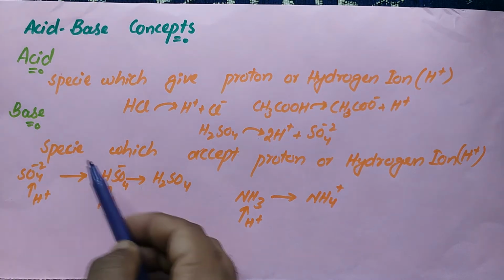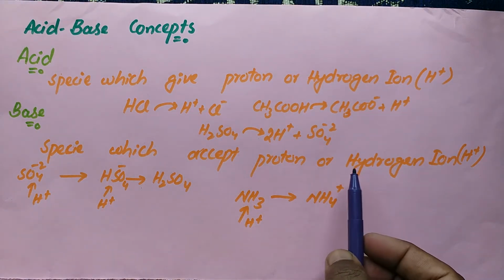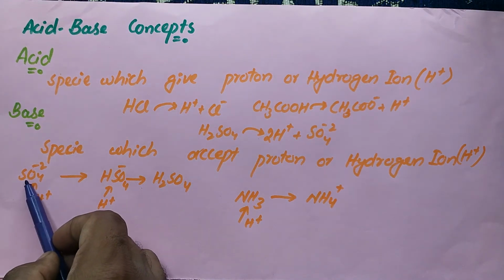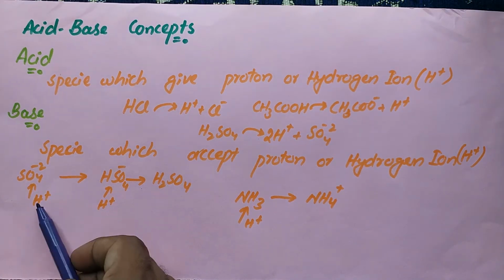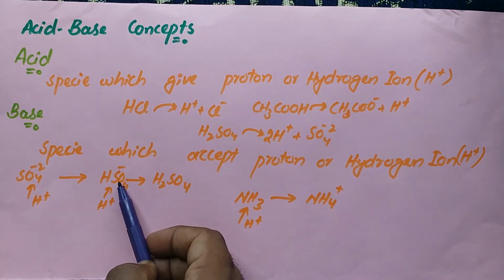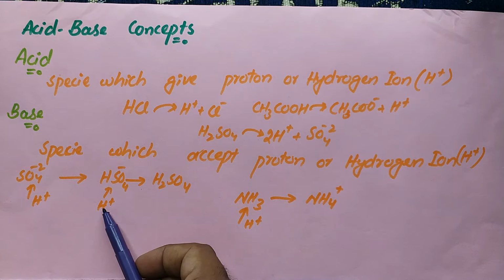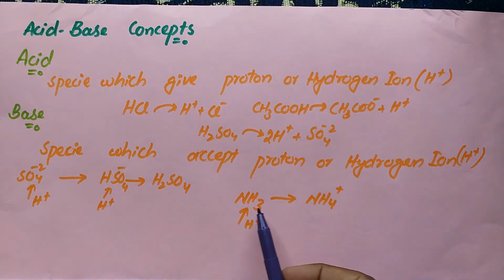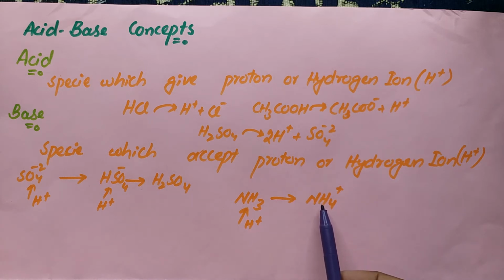Base, the species which accept proton or hydrogen ion, that are called bases. For example, SO4 negative 2 is a base because it accepts a proton and converts into HSO4 negative, and HSO4 negative is also a base because it can also accept a proton and convert into H2SO4. Another example is NH3, because it can also accept a proton and convert into NH4 positive.